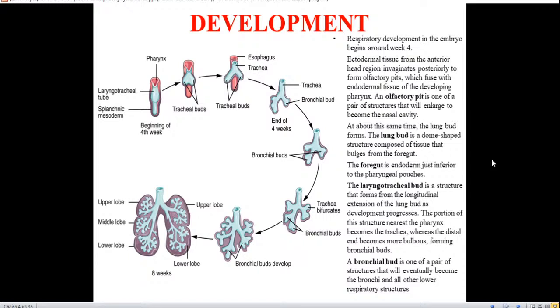An olfactory pit is one of the pair of structures that will enlarge to become the nasal cavity. At about the same time, the lung bud forms, and the lung bud is a dome-shaped structure composed of tissue that begins from the foregut.